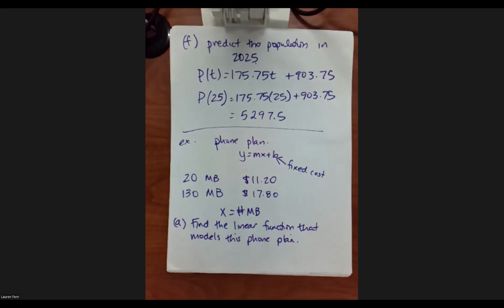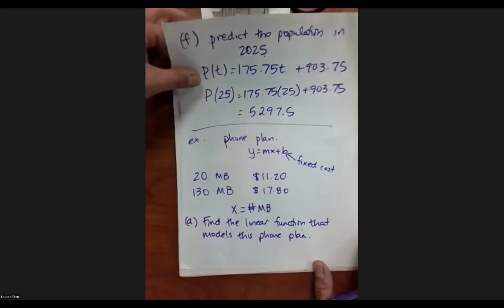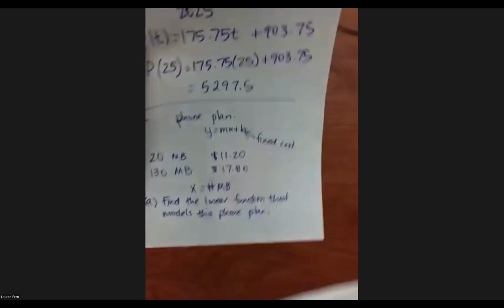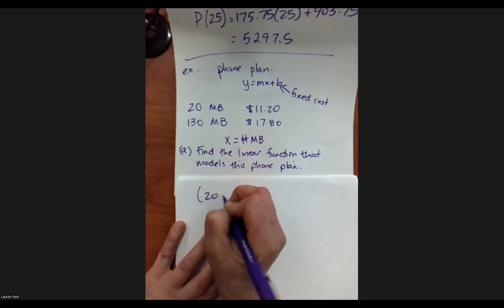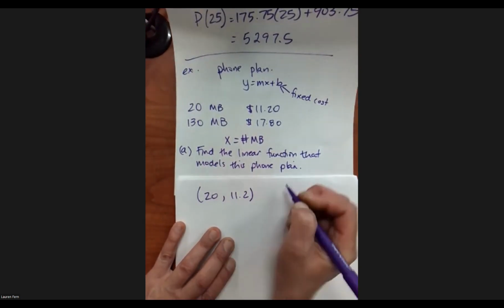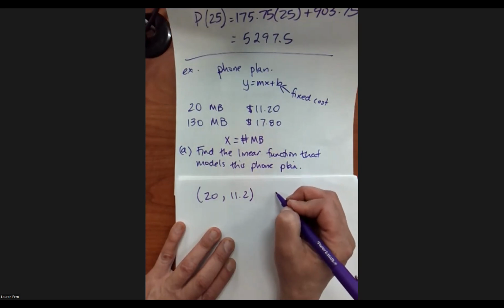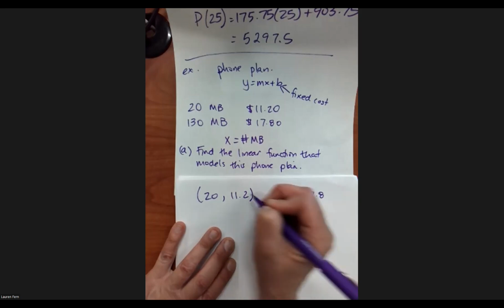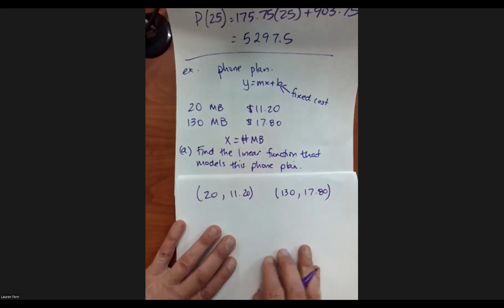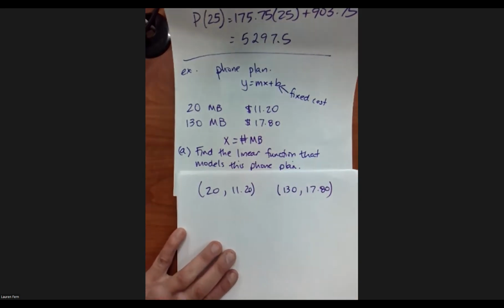But what are we given? We are given 2 points on this line, right? What is one of my ordered pairs? Good, 20 and then 11.2. And what's the other ordered pair? I gotta put some zeros, sorry. You don't have to put those zeros, but when I'm talking money, I do.